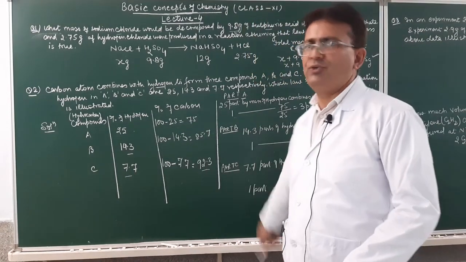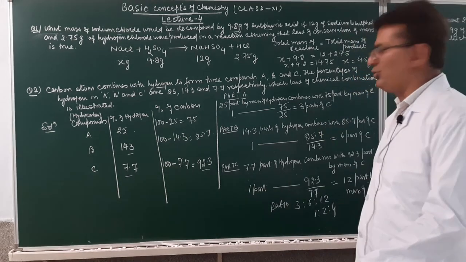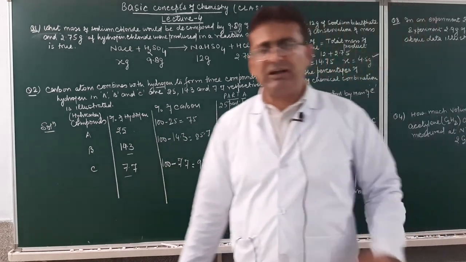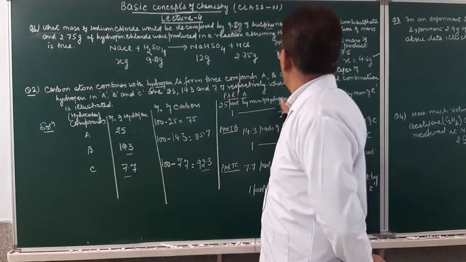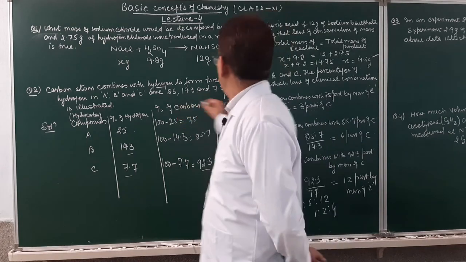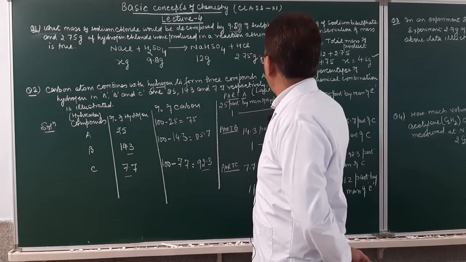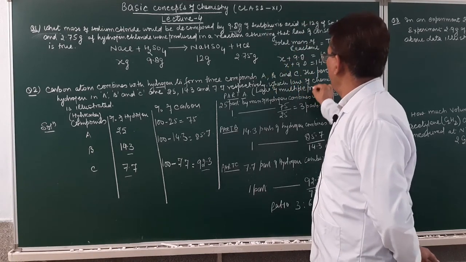Here the mass of hydrogen is fixed to 1 gram. From that, the mass of carbon is calculated and the ratio comes to be 1:2:4, which is a multiple ratio. So the law of multiple proportion is illustrated.